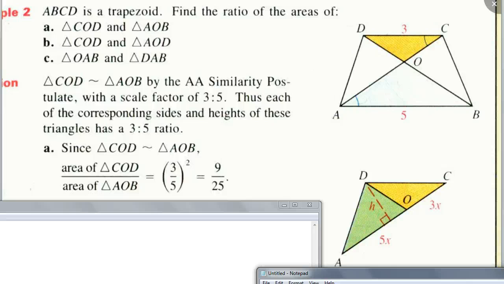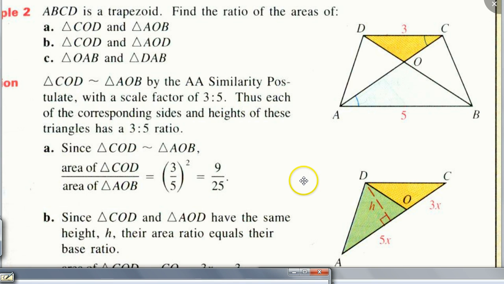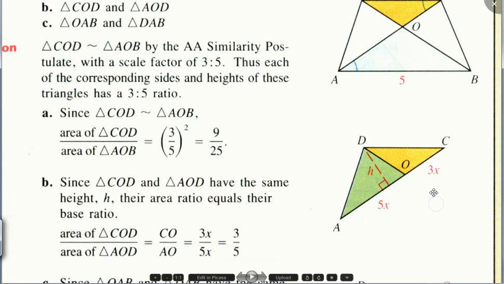We just said that if the two triangles have the same height, the ratio of their areas is going to be the ratio of their what? Bases. And look at the bases of these two triangles. What is the ratio of these two bases? Which is 3 to 5. So this comes out to 3 to 5. Any question? Does that make sense, guys?